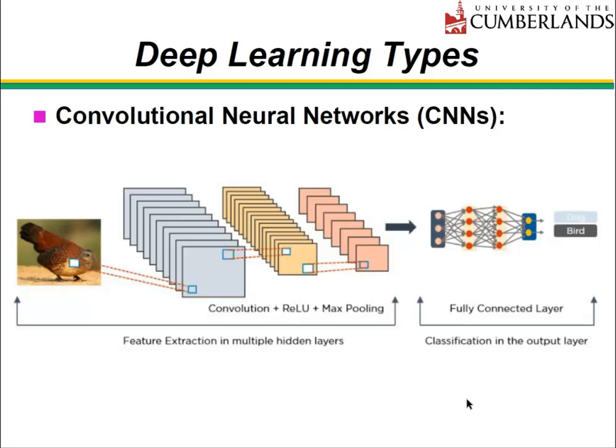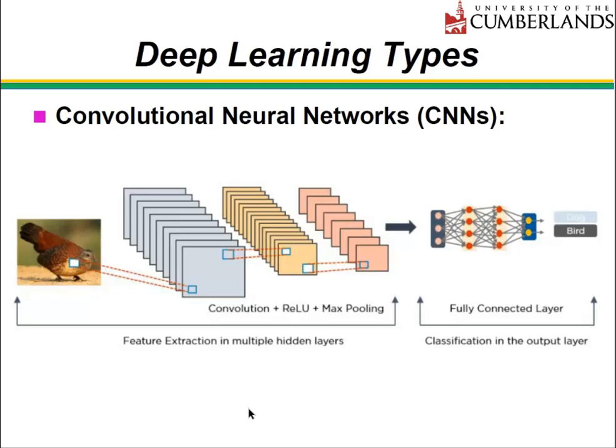So this slide gives us an example of a CNN and how it will process an image. Let's go over it. On the left, we have an image of a bird. The image is the raw input to the CNN. For each pixel, we have the pixel intensity.